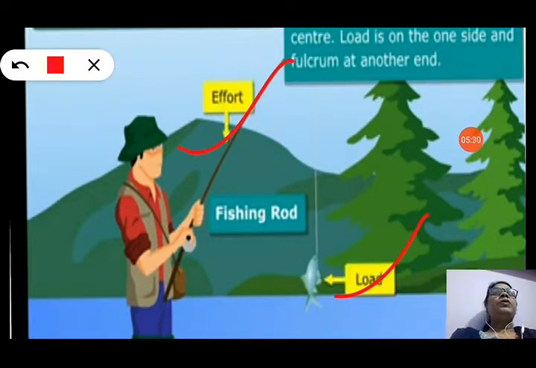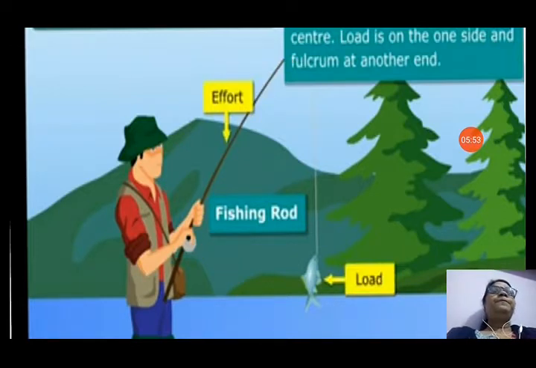It is moving from the middle, from here it is moving. So the effort is in the middle, between the fulcrum and the load. So it is a third class lever.